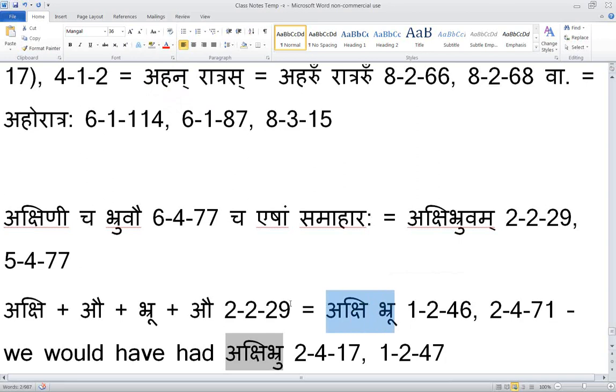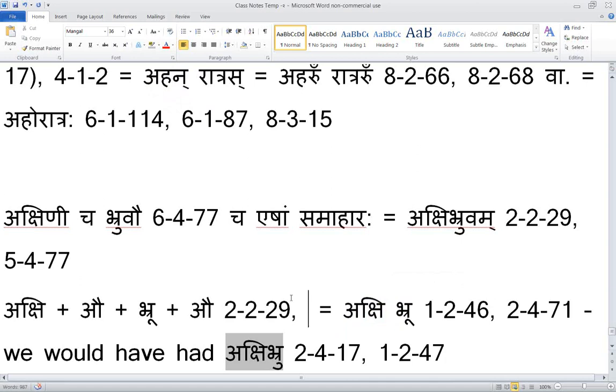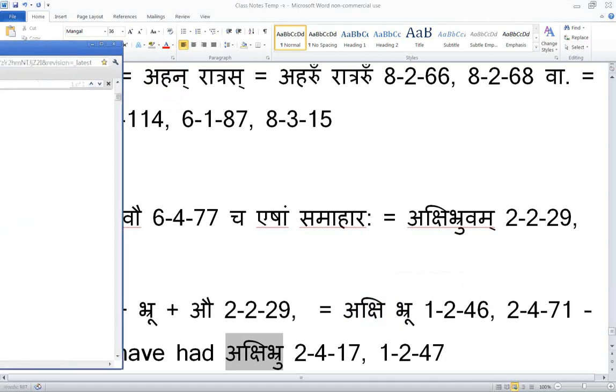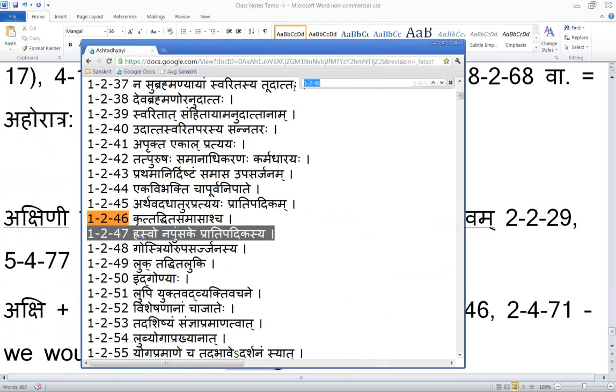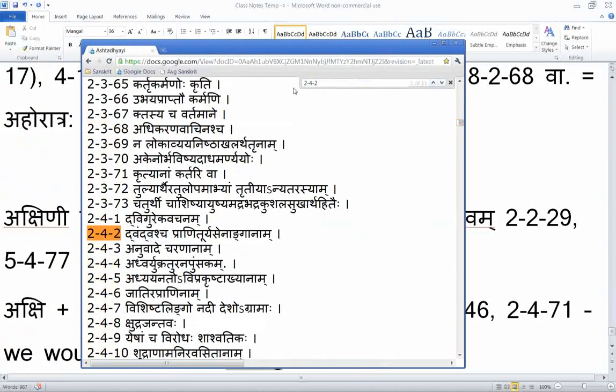Even before I go there, I want to mention the sutram: why are we making samahara only over here? Because of our very first sutram, which is 242, Dandvascha Prani Turya Senanganam. We already talked in detail in the last two classes how this is a Niyamartan Sutram: if it is Pranyanganam, Turyanganam or Senanganam, then Samahara Eva, Natu Itaretara Yogaha.